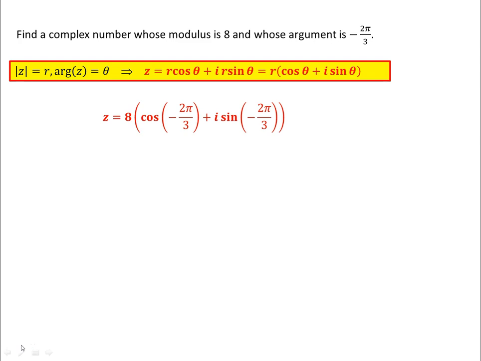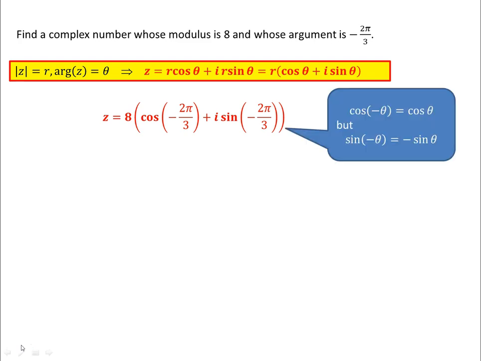If we remember that cos of minus theta is always the same thing as cos theta, and that sine of minus theta is always the same thing as minus sine theta, we can rewrite that as z equals 8 cos 2 pi by 3 minus i sine 2 pi by 3.